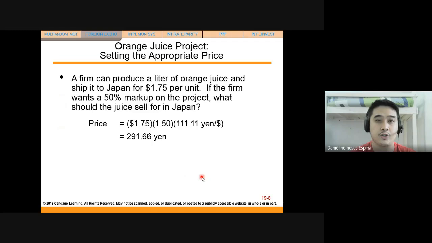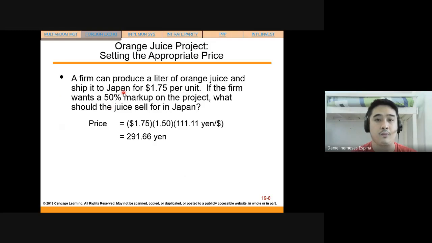So let's have examples. We have the orange juice. We use the cross rate to determine the price that will be set in that particular country. A firm can produce a liter of orange juice and ship it to Japan for $1.75 per unit. So the cost of that juice is $1.75 per unit.